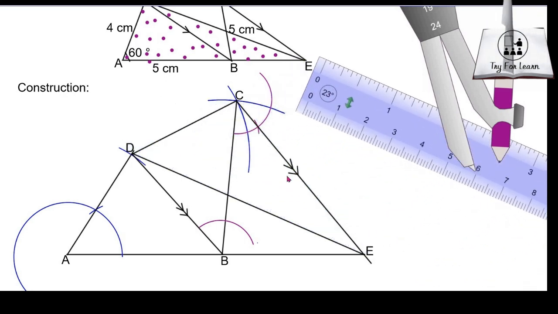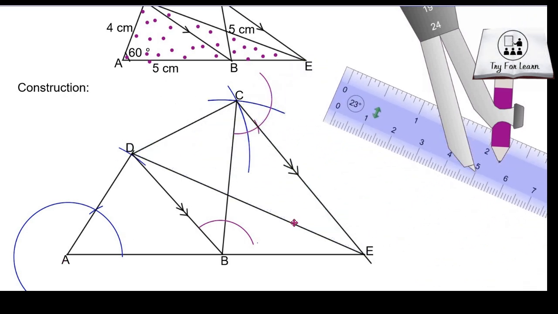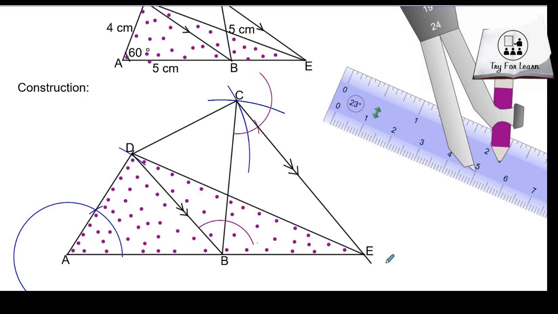Okay, now we get the required triangle ADE, whose area is equal to quadrilateral ABCD. You can color this required triangle ADE. Yes, ADE is the required triangle whose area is equal to the area of quadrilateral ABCD.